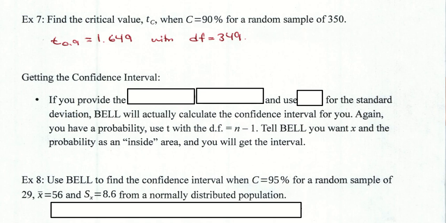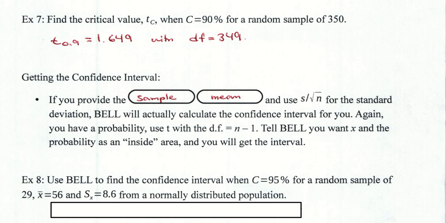So what your calculator is going to ask for is the sample mean. So you have to know that, and you have to know at least the sample standard deviation. And we're making that assumption that we know the sample standard deviation. So for Bell to work when we're finding an interval, we're going to be asked for the sample mean.